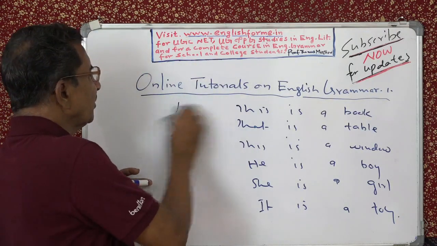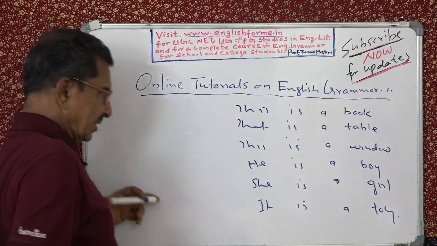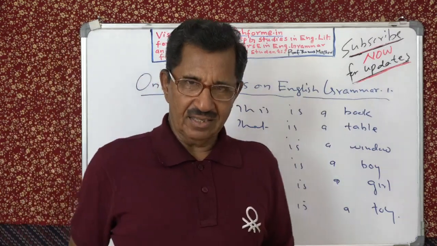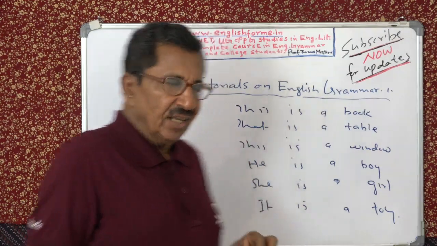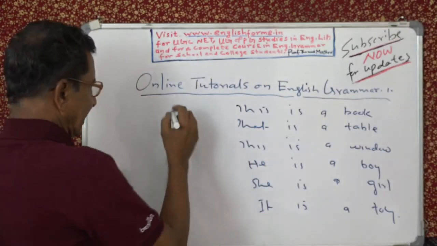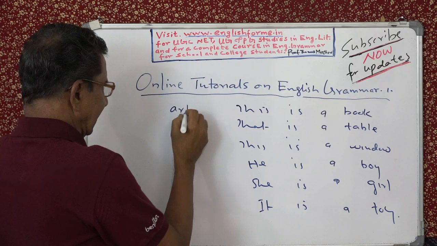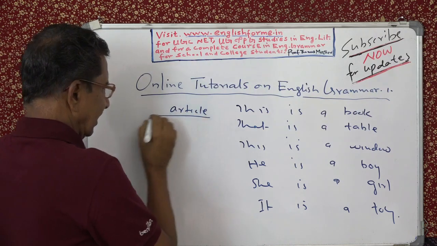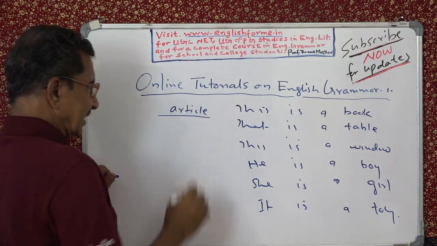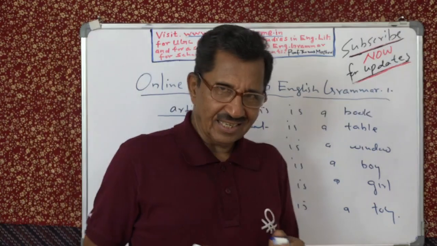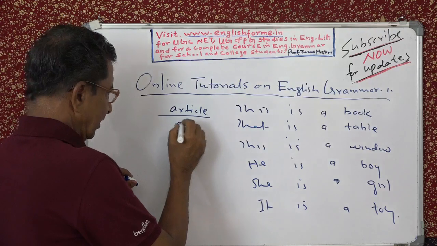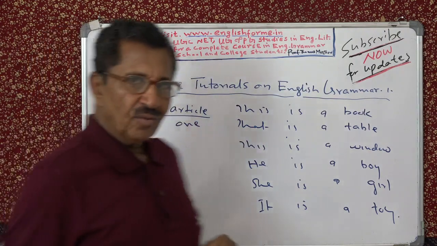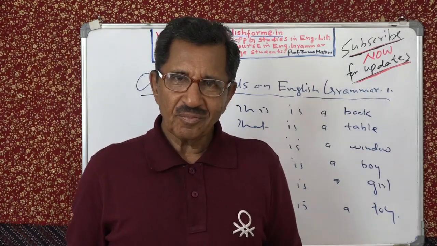Now you know what this is. You call it an article. Article, A-R-T-I-C-L-E. Now what is the meaning? It means one. What does it tell you?